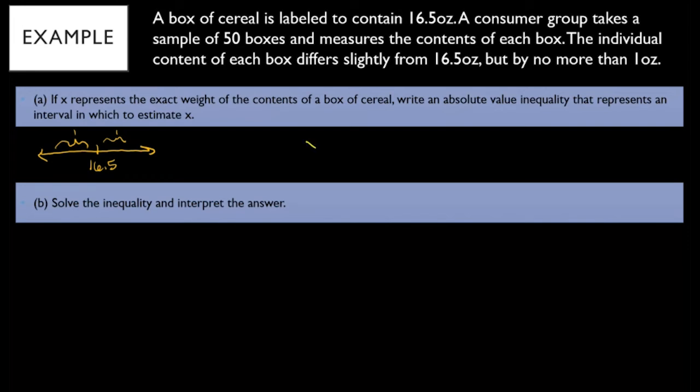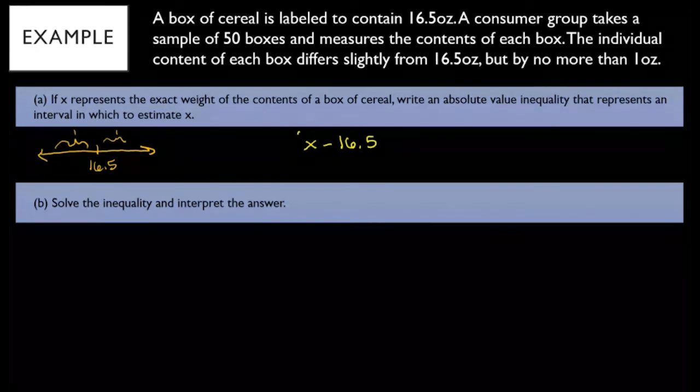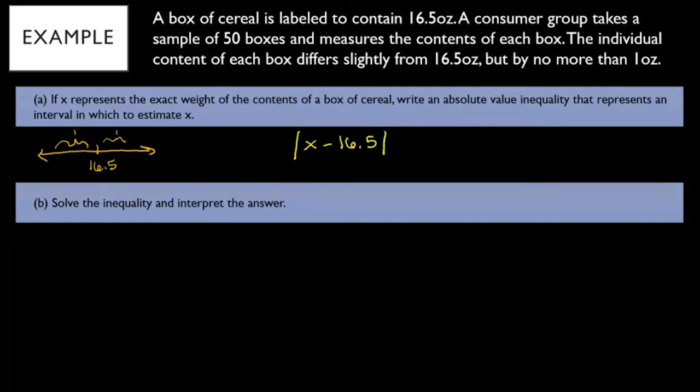So we set this up by finding the difference. X is going to be the actual weight of a single box. And then we're going to find the difference between the box and what the box says it should be, which is 16.5. And we take the absolute value because it could be positive or negative based off of which side of 16.5 it's on.